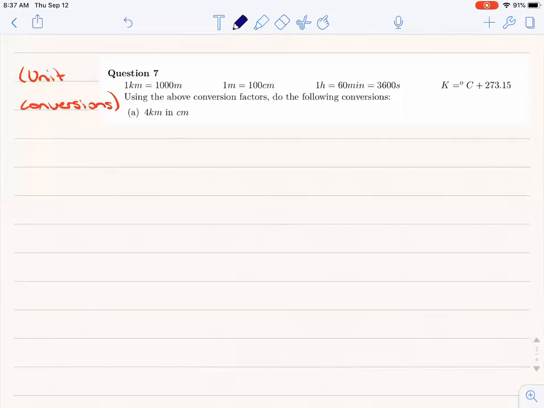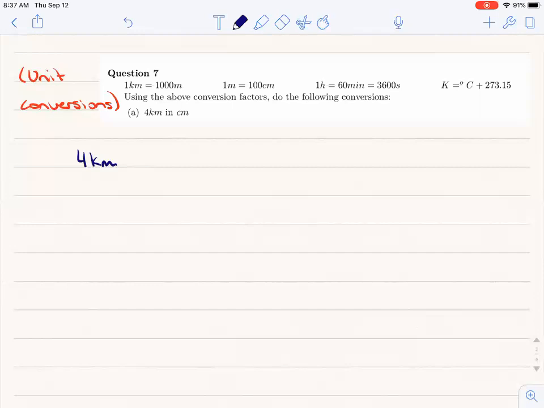Wow, you could probably just do it, right? But let's look at what you're actually doing in your head. You're saying, okay, 4 kilometers, you want to make it into centimeters, but you have to go through meters first, because figuring out how many centimeters in a kilometer is trickier, especially considering the conversions that I've given you.